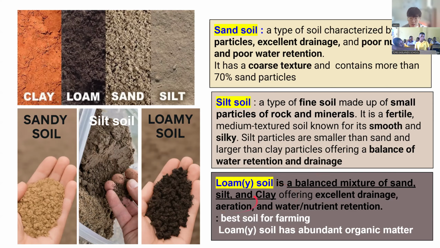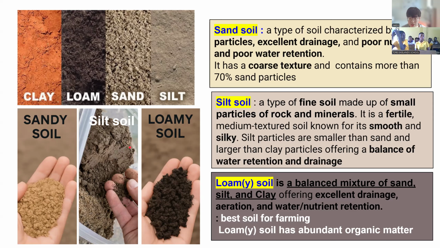And finally, we talked about the loamy soil. Before that, we talked about the clay soil, which is the smallest particle-sized soil. But loamy soil is a balanced mixture of sand, silt, and clay.